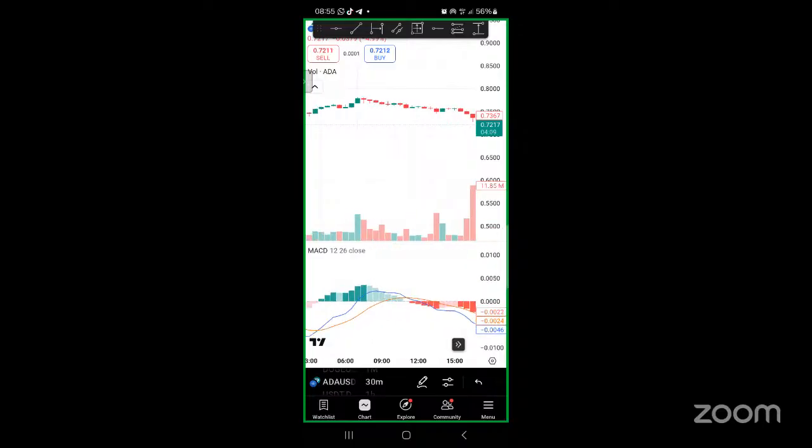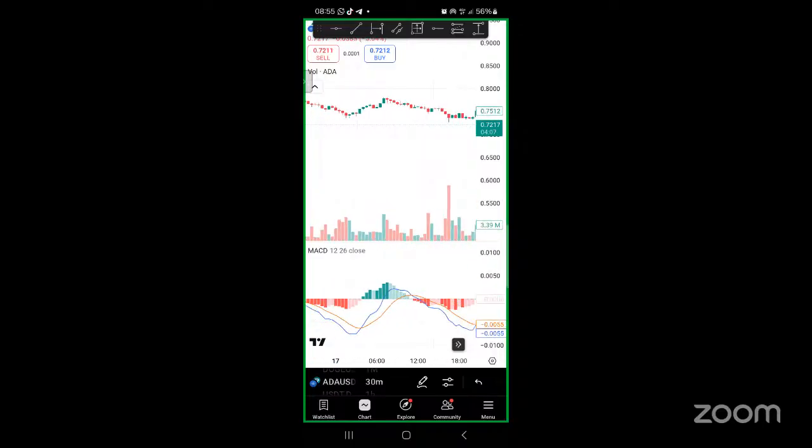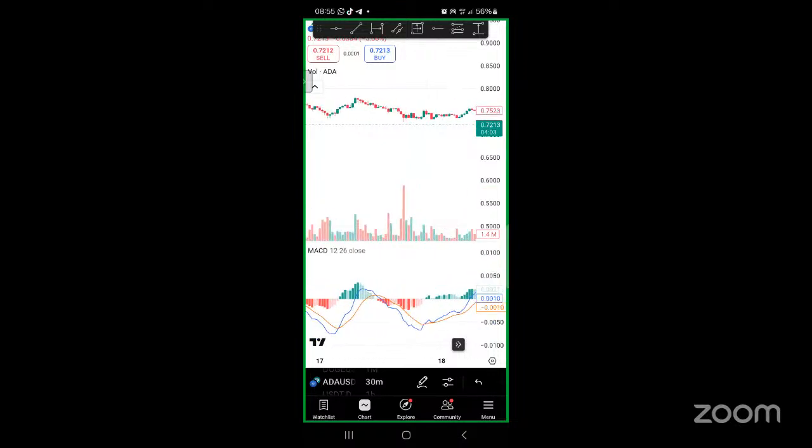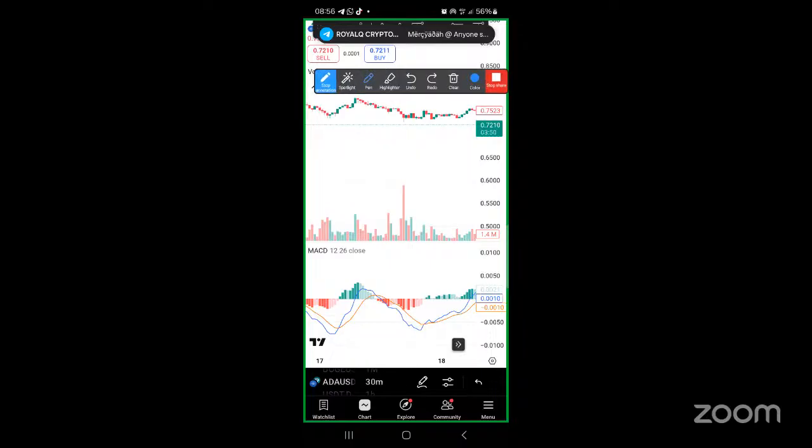Now, on our histogram, we have the red histogram and the green histogram.